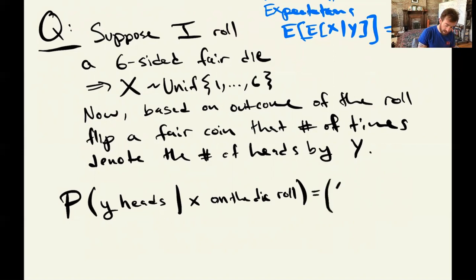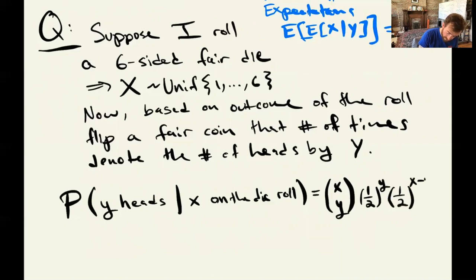So I need to consider x choose y. And then I need to count the probability of y heads and x minus y tails. So this looks like 1/2 to the y, and then 1/2 to the x minus y. Now I can just condense this because the base of these exponentials is the same to just be 1/2 raised to the x, which we can also think of as 2 to the minus x.